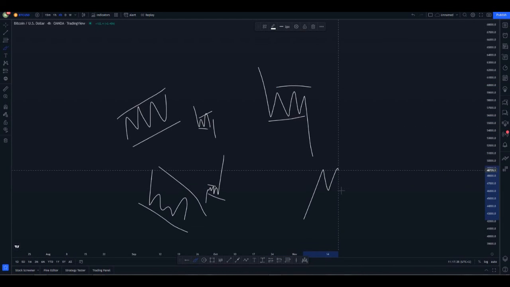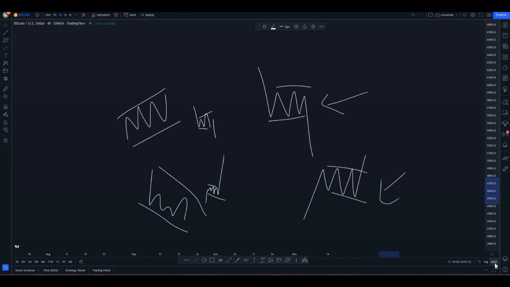Okay, let's not say two patterns, let's say three patterns, because it's the two continuations and the reversal. Three patterns basically that we are looking at, because this is one set of patterns in one direction, and this is another set of patterns in one direction.